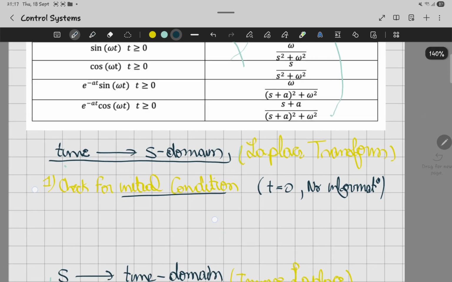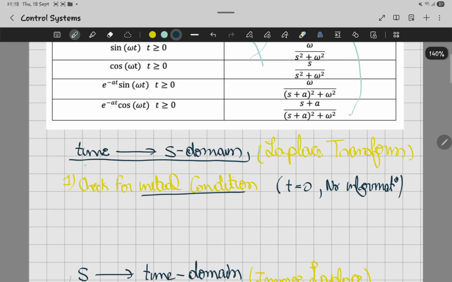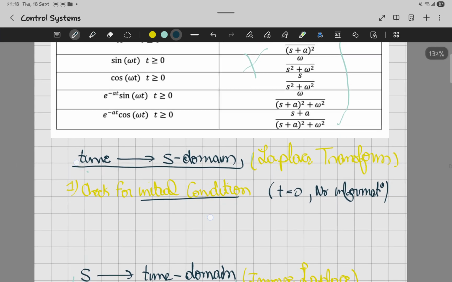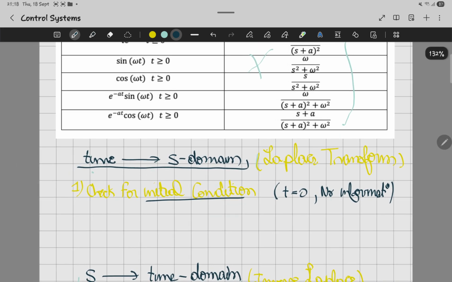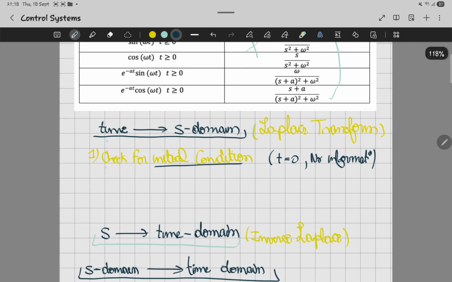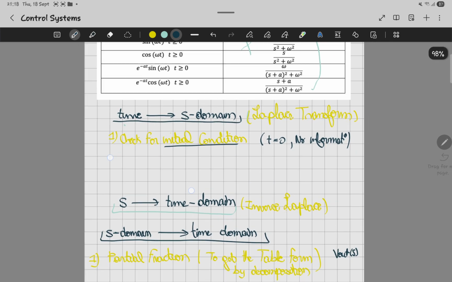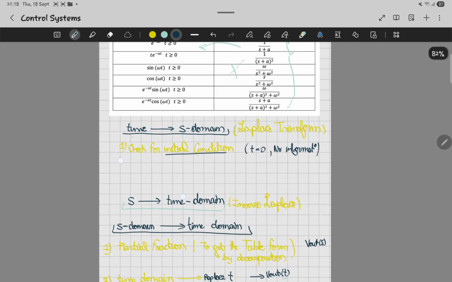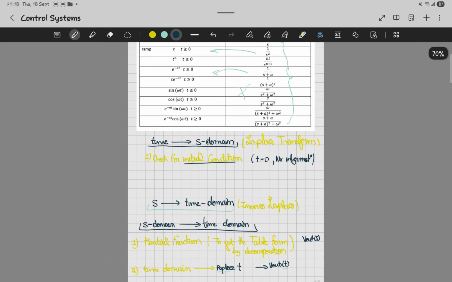So we're going to switch straight from time to S domain. This is when you work with equations.